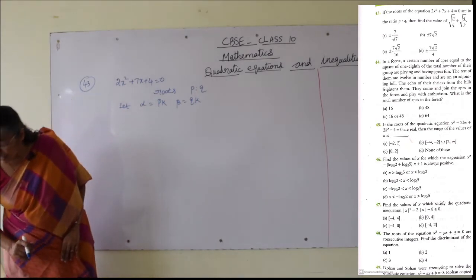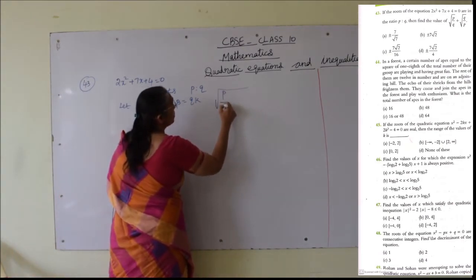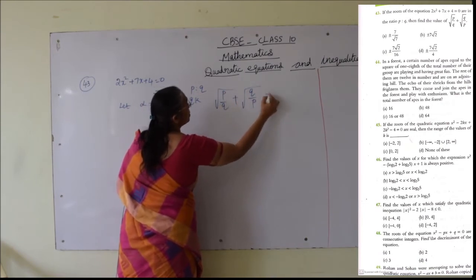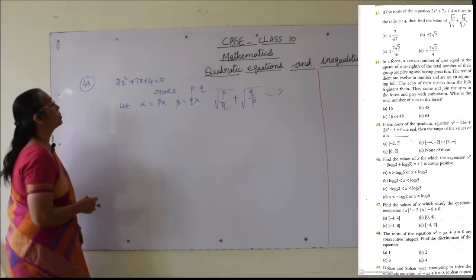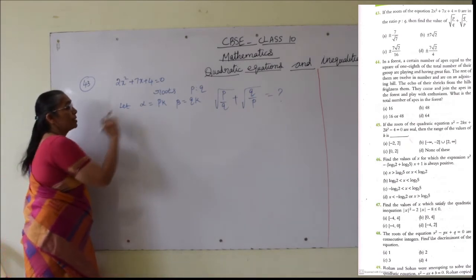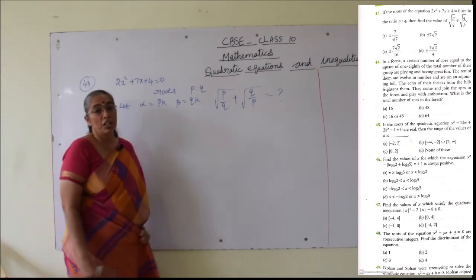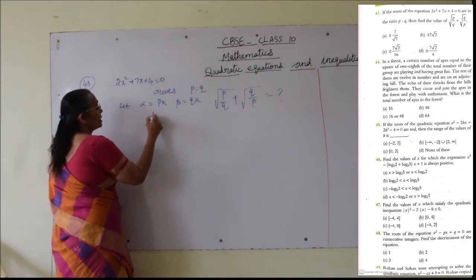Then find the value of, so what is the question? What is root over p by q plus root over q by p? So, we considered alpha is pk and beta qk. Shall we write what is alpha plus beta and alpha into beta? So, what is sum of the roots?